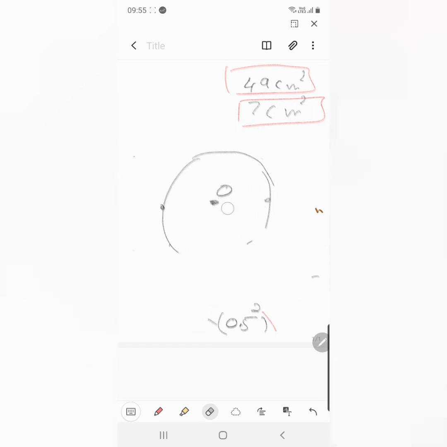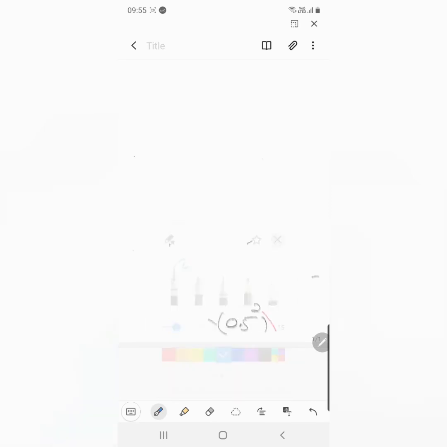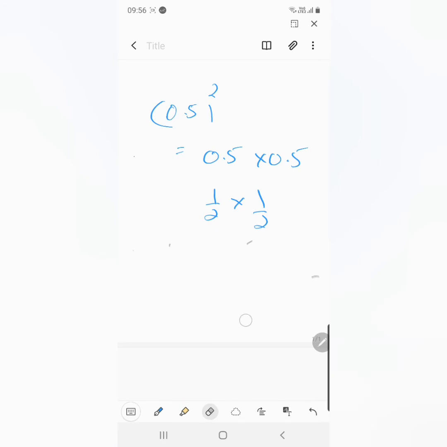So that's beautiful, yeah. Let me talk to you about why. So what 0.5 square is, let's say use blue. So 0.5 square is 0.5 times 0.5, which is half times half. So what we're doing with the half is multiplying a half to it.